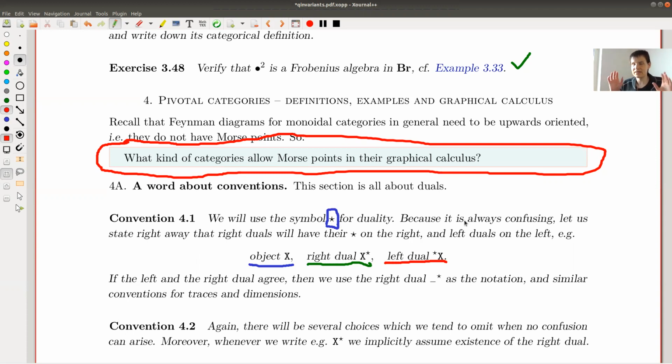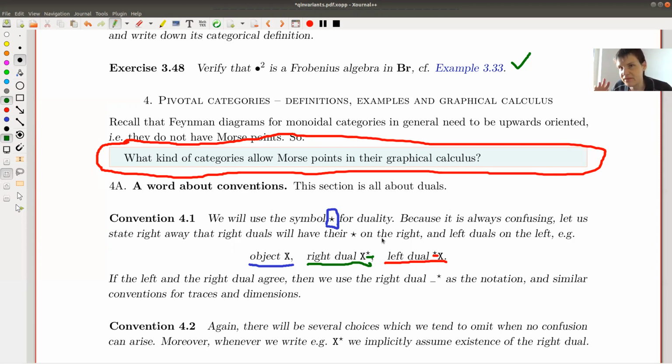My convention is that the right dual has a star on its right. And the left dual has its star on the left side. Here is a star for the left dual. And I should use green. Here's a star for the right dual. And again, depending on what kind of literature you like to read, this might be the opposite.